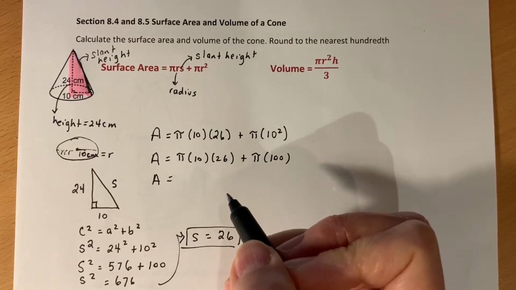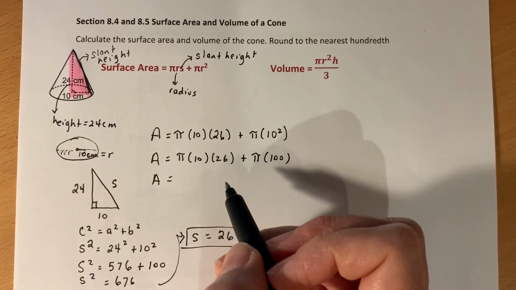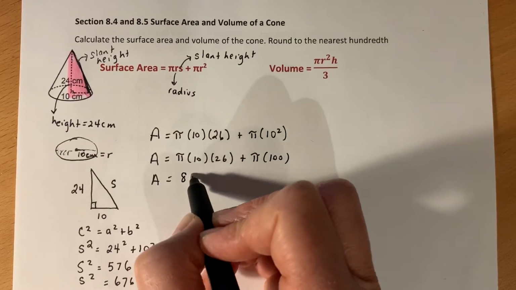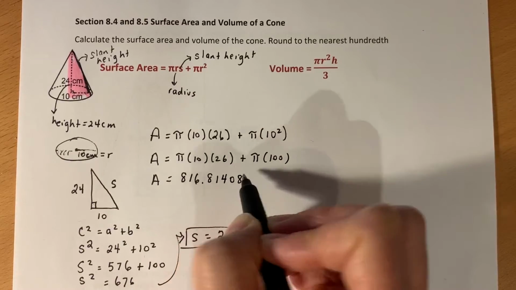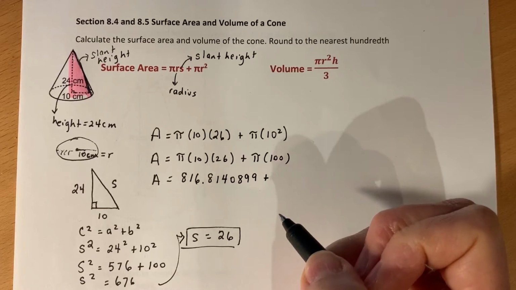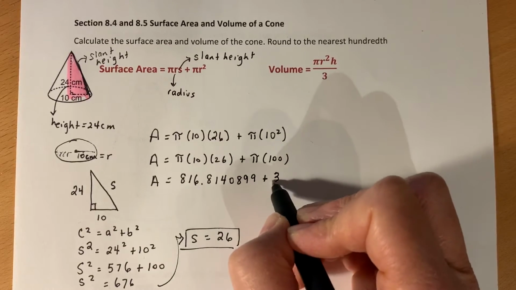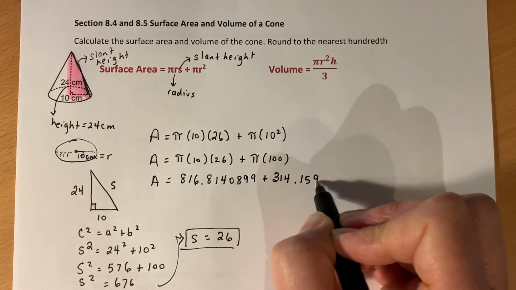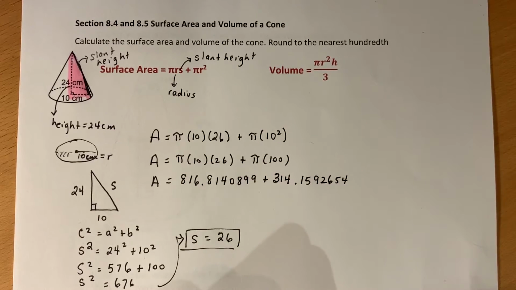I'm going to take my pi, and again I'm going to use my pi button, times 10 times 26, and I get 816.81408999. Then I'm going to take pi times 100, and I get 314.1592654. I add them together.